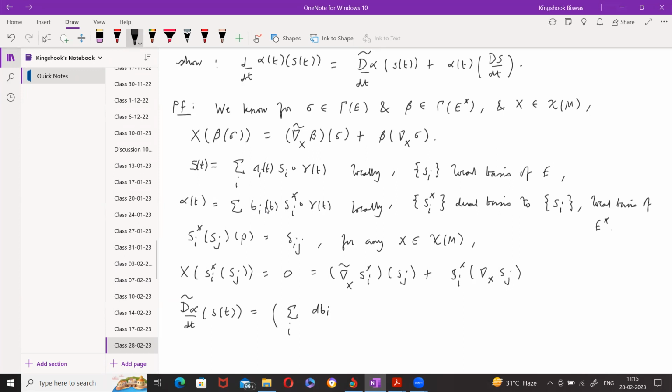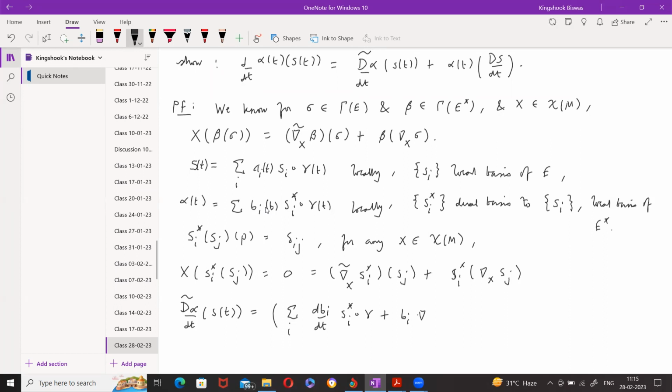So you'll get dBi/dt into Si star composed with gamma, plus Bi into... Now when I apply the covariant derivative to Si star, I can use the property of the covariant derivative that, applied to a section restricted to the curve, it is given by the connection.